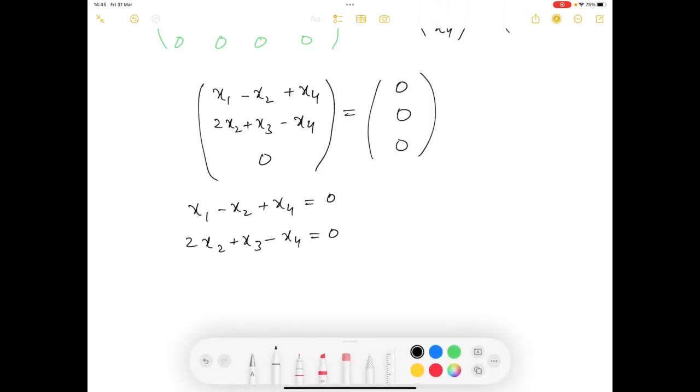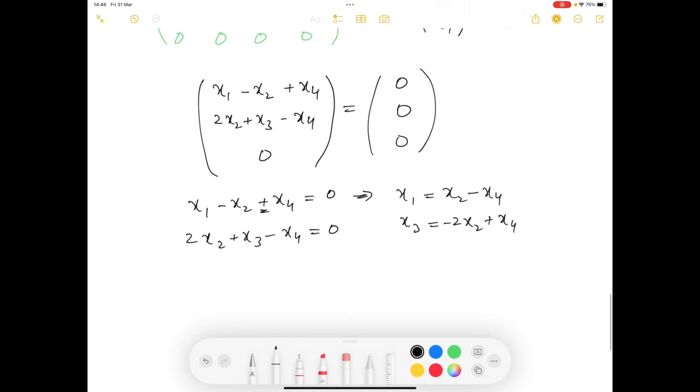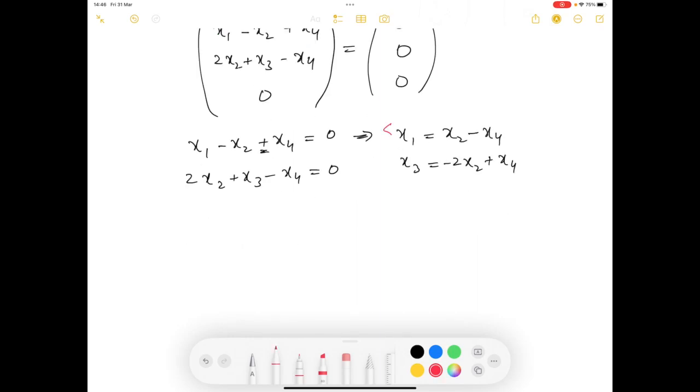From equation 1 we can see x1 is equal to x2 minus x4, and from the second equation we can write x3 is equal to minus 2 times x2 plus x4.